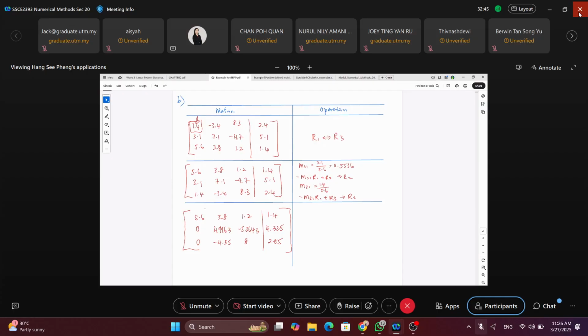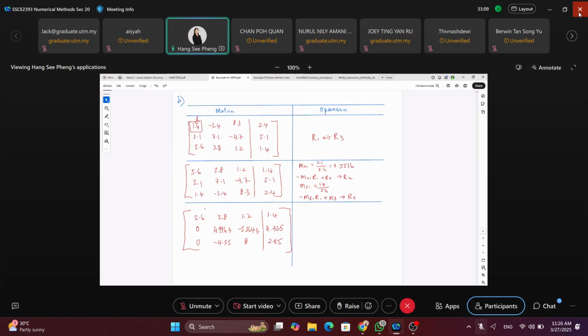Okay, done. In the next step, you know that you are going to reduce this minus 4.35 to be 0, right? So before doing it, you have to double check whether this pivot element is larger than the value below it. For this case, yes.